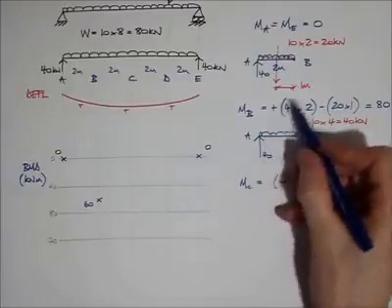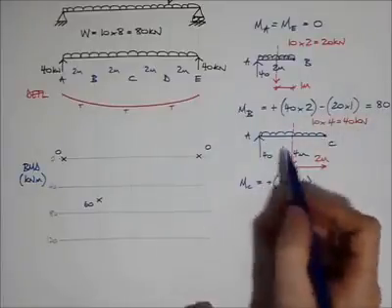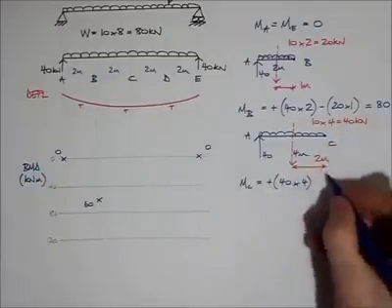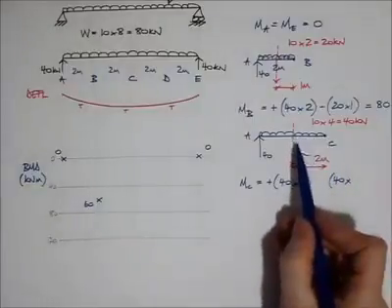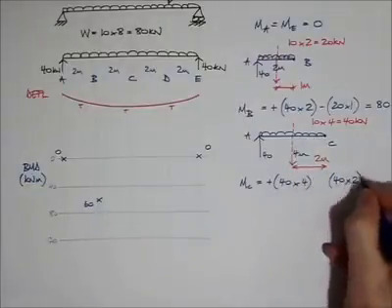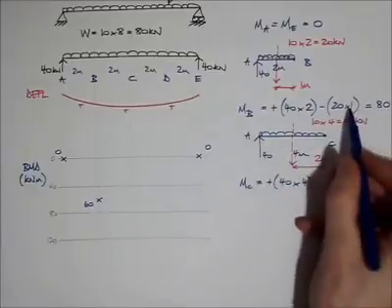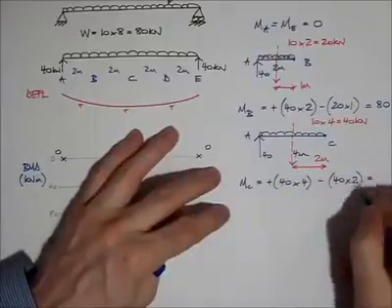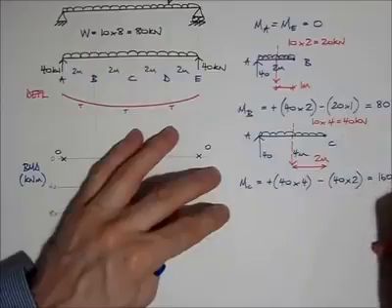And I reckon that is going clockwise around point C. And then I have the UDL, which has a total force of 40 kilonewtons, acting at a distance of 2 meters from point C. And I think that's anti-clockwise around point C, therefore that's negative. So add these two things together, plus 160 minus 80 equals 80 kilonewton meters.